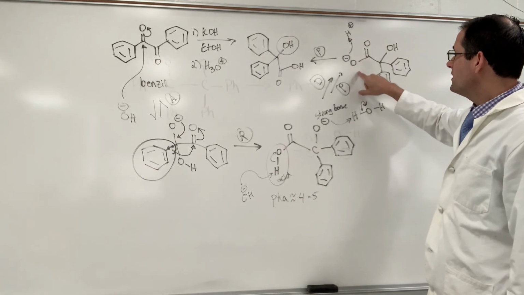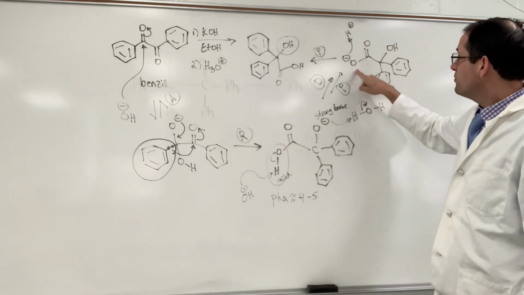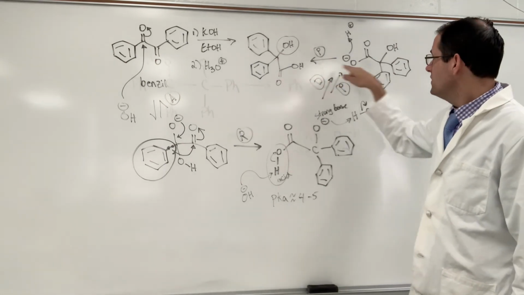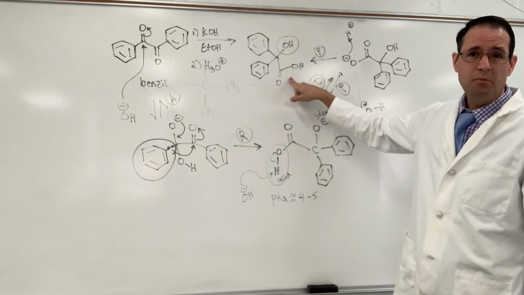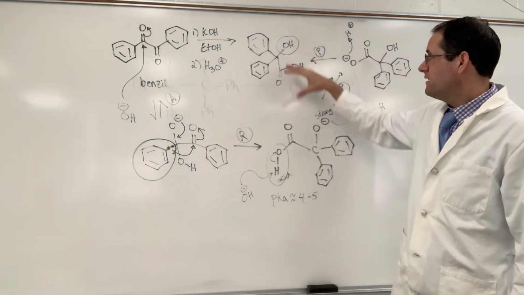So you would expect this to be more water soluble, okay? If you protonated it, you would get something neutral, which should precipitate out, okay? So this is going to be water soluble. Then when you add H+, it's going to precipitate if you're in water, and then that will allow you to isolate this, okay?